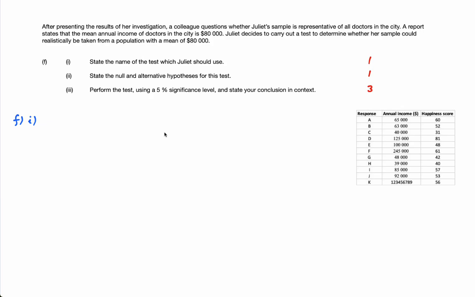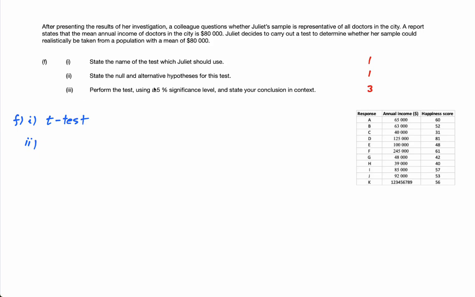The two tests for means are the z-test and the t-test. The z-test we use when we know the variance of the population, and the t-test when we don't know the variance, and we don't know the variance. So the answer is t-test. Okay, it's only one mark. That will do. Okay, part 2.